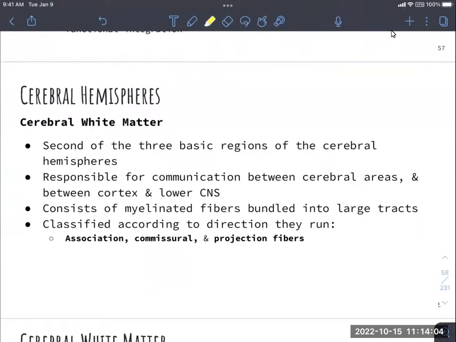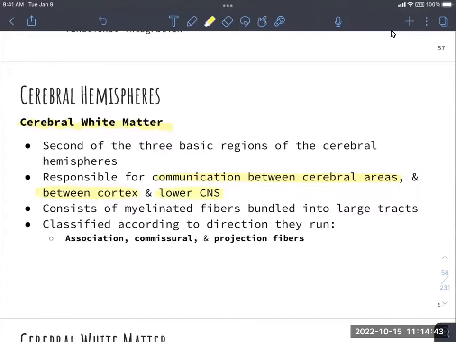So now that we kind of looked at the motor and the sensory cortex and the association areas, let's look at what this white matter and this gray matter is and does. So the cerebral white matter. That cerebral white matter helps to communicate between that right and left cortex, between different areas of the cerebellum or the cerebrum, and it communicates with the lower central nervous system.